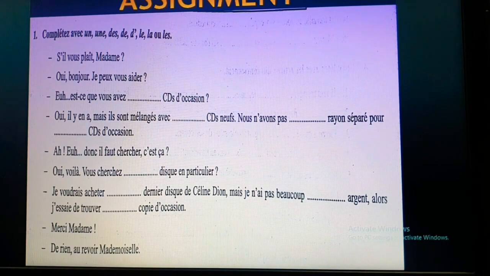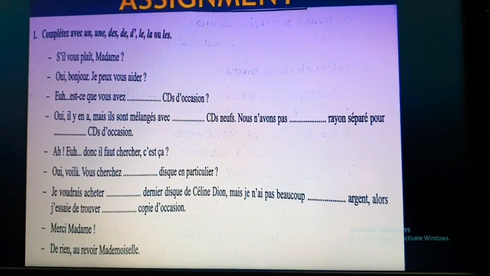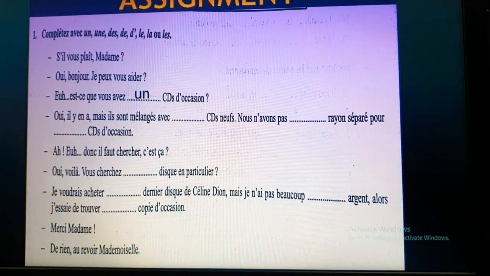Is it a definite one or indefinite one? Of course, it has to be article indéfini, because that person is not sure of which occasion, so she's asking, do you have any CD of any occasion? So the answer will be un CD. CD is a masculine word, so un CD.